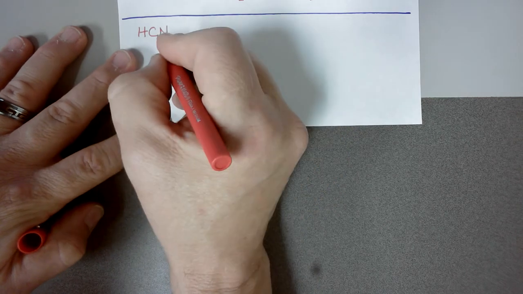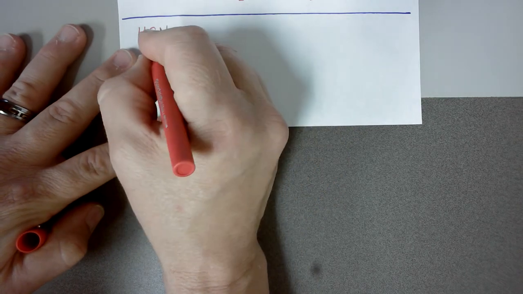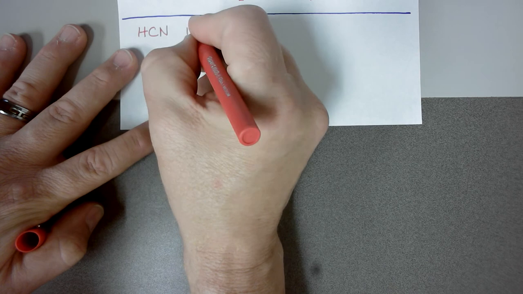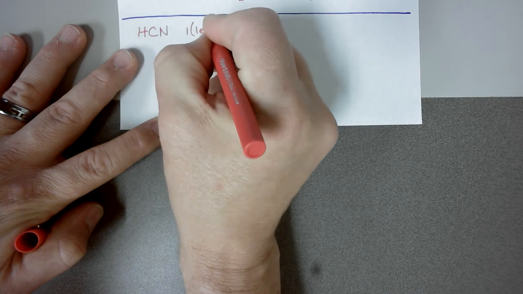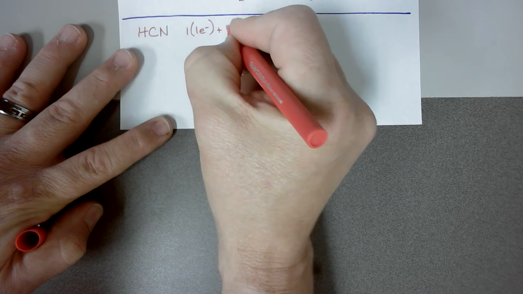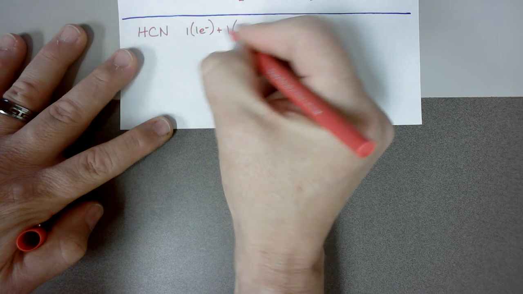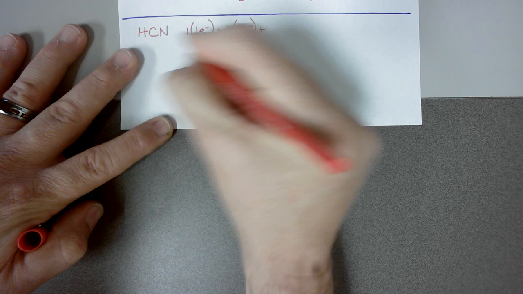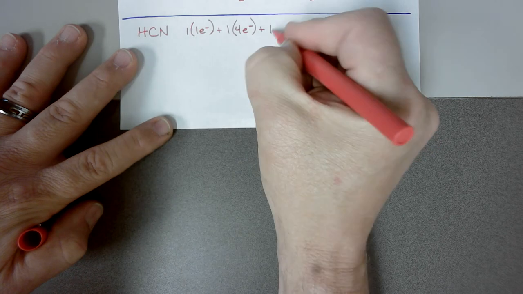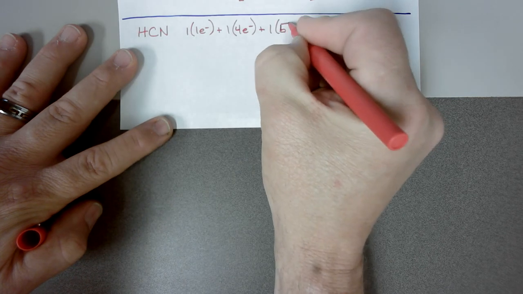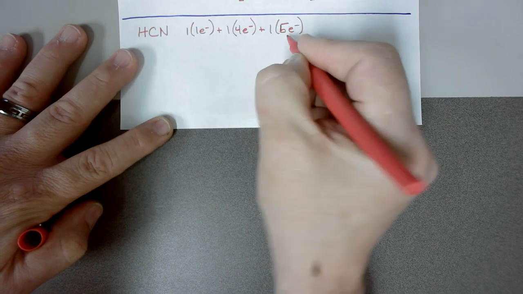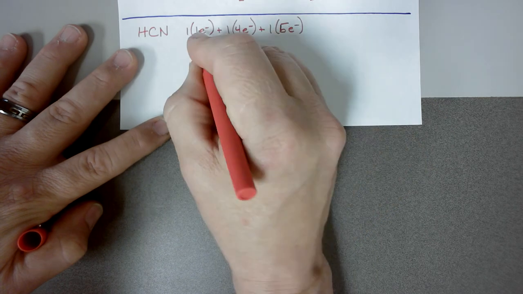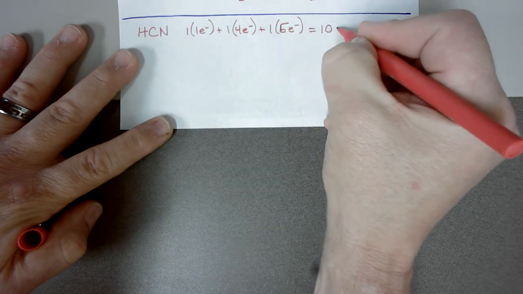Now when I look at this, I see that I've got one hydrogen with one valence electron plus one carbon with 4 valence electrons plus one nitrogen with 5 valence electrons. So 5 plus 4 plus 1, that's 10 electrons that I can use.